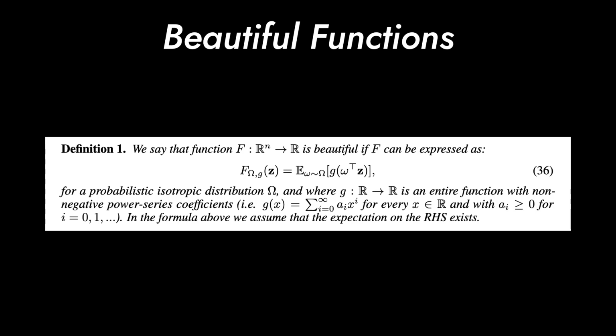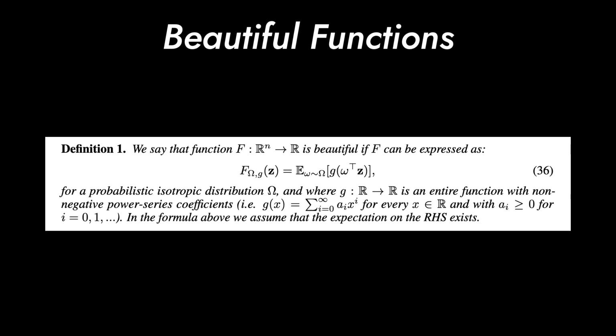The author says the beautiful function f can be expressed using expectation, where the random variable w is sampled from a probabilistic isotropic distribution omega, and the scalar function g is an entire function with non-negative power series coefficients.